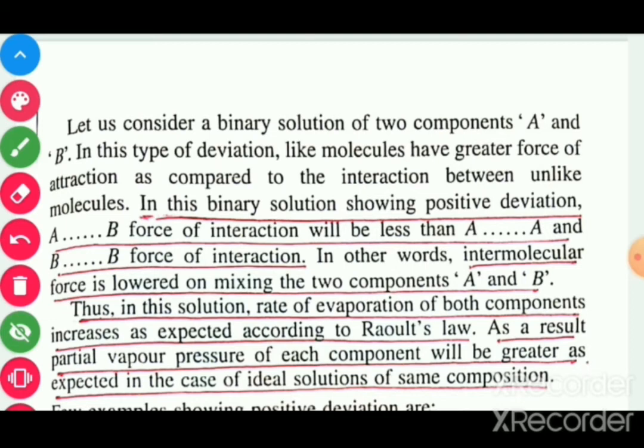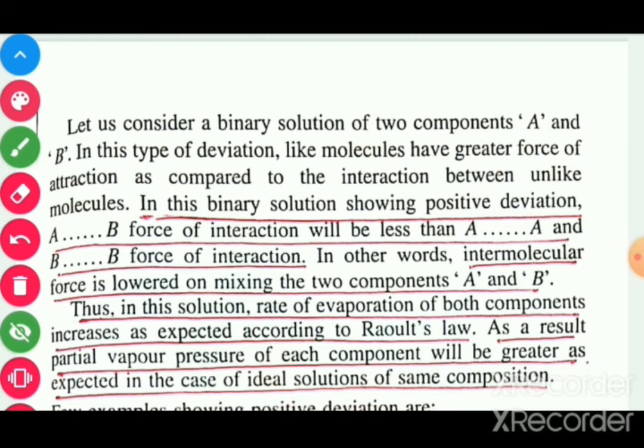In a binary solution which shows positive deviation, the AB force, meaning the interaction between solute and solvent, is found to be less as compared to the solvent-solvent interaction and the solute-solute interaction. In other words, the intermolecular force is lowered on mixing, meaning the intermolecular force between solute and solvent in the solution decreases when the two components A and B mix.